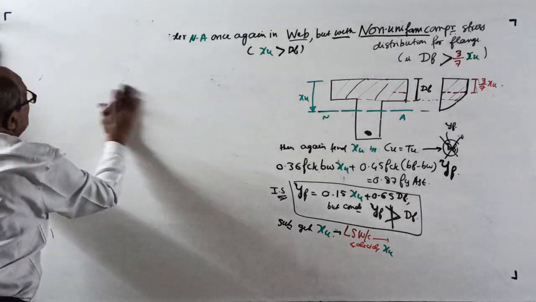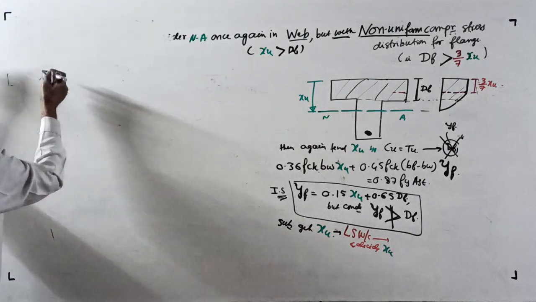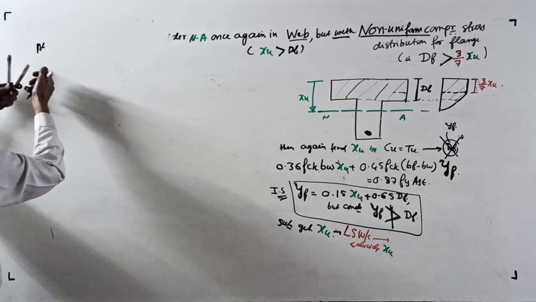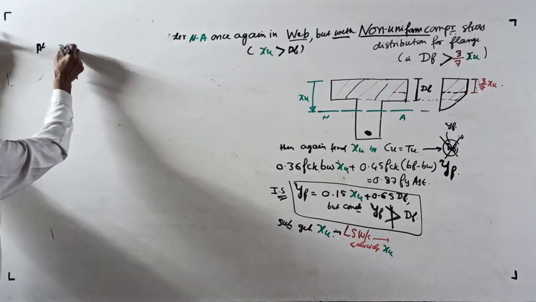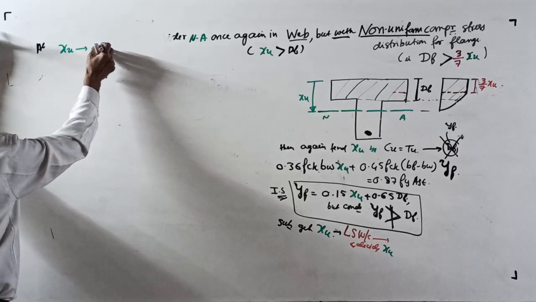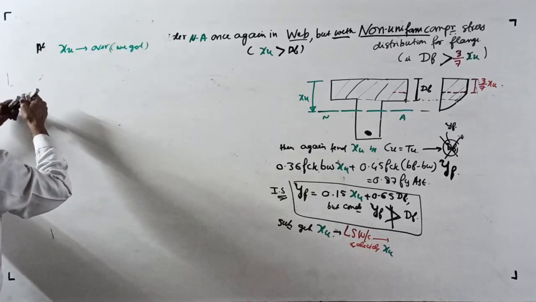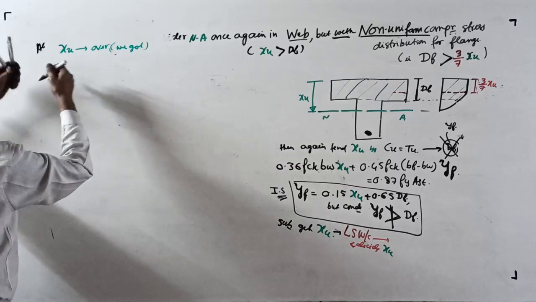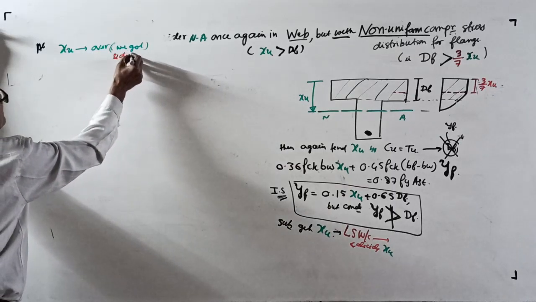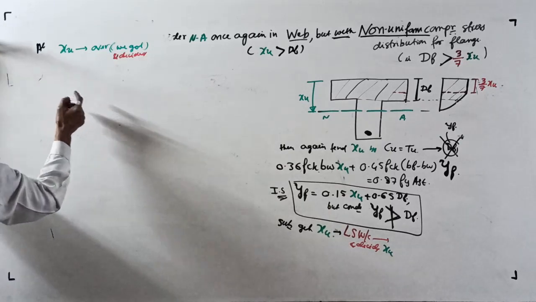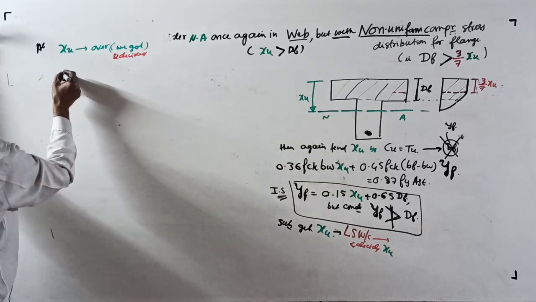Then, see, also find one more thing. XU decided, we got it and decided. Then further, see, one more.